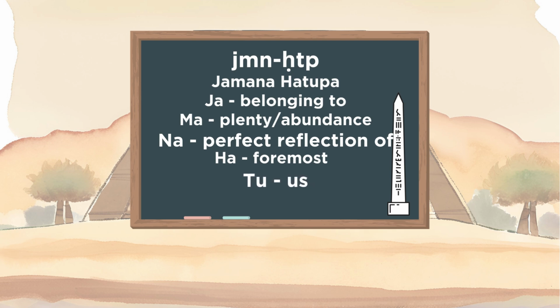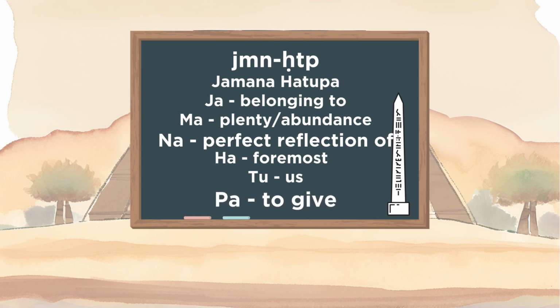This is the same tu sound found in Pwnt or tusi. Pa is a synonym for to bestow or to give. So the spiritual meaning for Hatupa is our foremost giver.